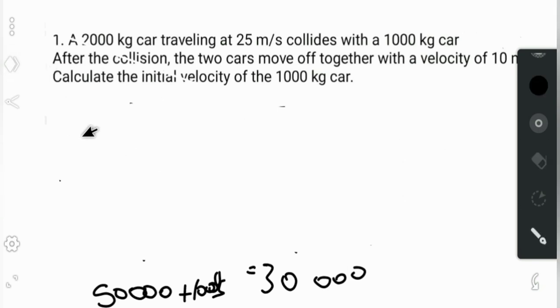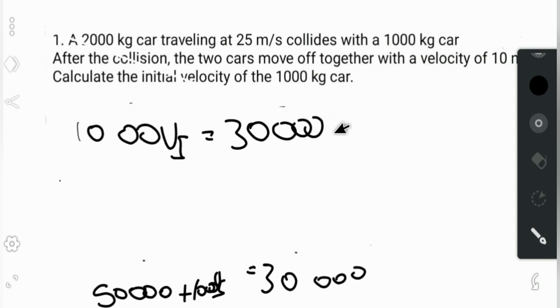Now let us transpose 50,000 to the other side of the equation. On your left hand side, you're going to be left with 1000 times the initial velocity of object number 2. On your right hand side, you're going to be left with 30,000 minus 50,000, which is negative 20,000.